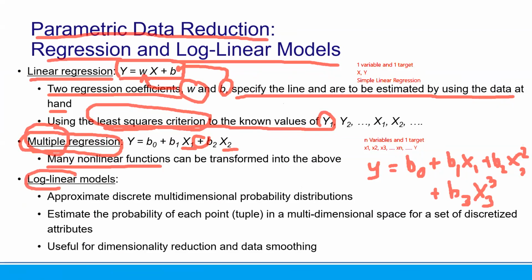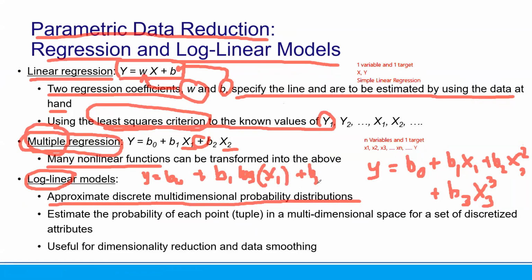Log linear models. In the log linear models, we approximate a discrete multi-dimensional probability distribution. So we also have a similar way like this: y equals b0 plus b1, we will do some log function of the x1, or we will also have b2, and we will do the log function of the x2.